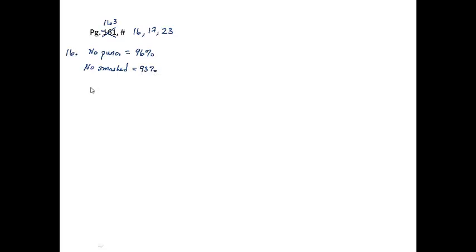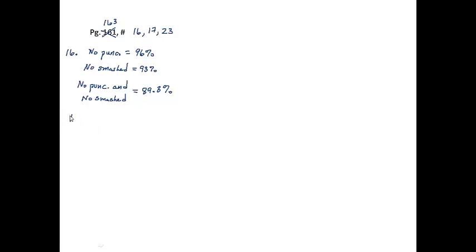And then 89.3% do not have a puncture and do not have a smashed edge. I'm going to write it as no puncture and no smashed edge. And that was 89.3%. And it wants us to find the probability of a puncture or a smashed edge.